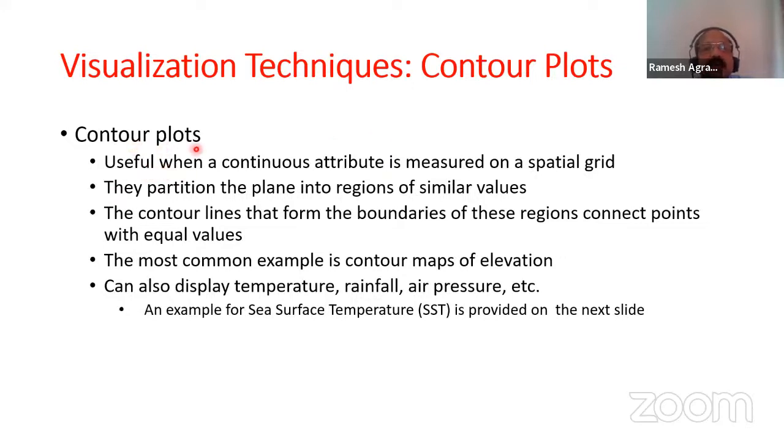It is useful when a continuous attribute is measured on a spatial grid, and they partition the region into similar values. The contour lines that form the boundaries of these regions connect equal values, meaning those having the same values will be joined together, shown with the same color or joined with the help of a line.